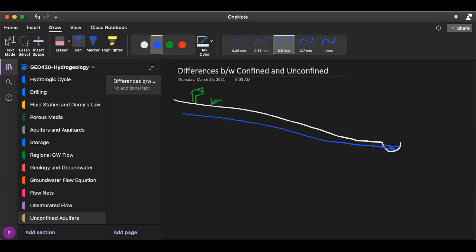And then at some depth down here, we've got a confining unit. Having a real problem drawing straight lines at the moment.